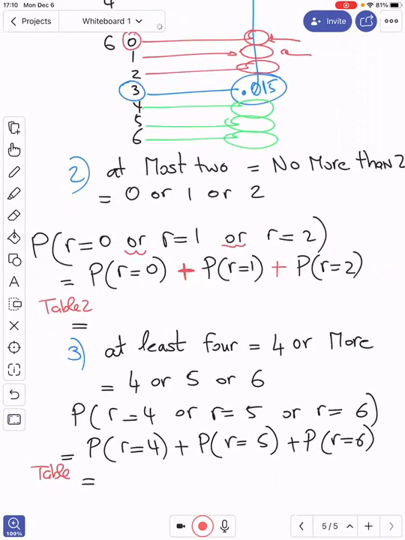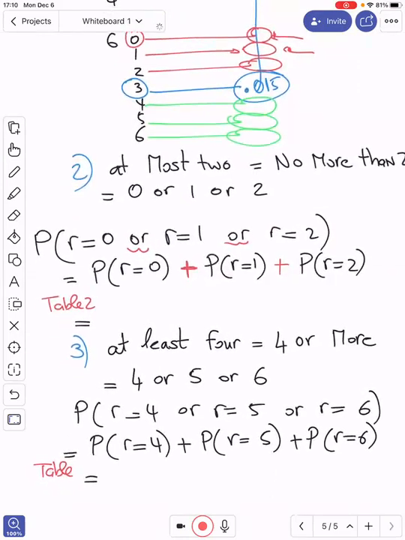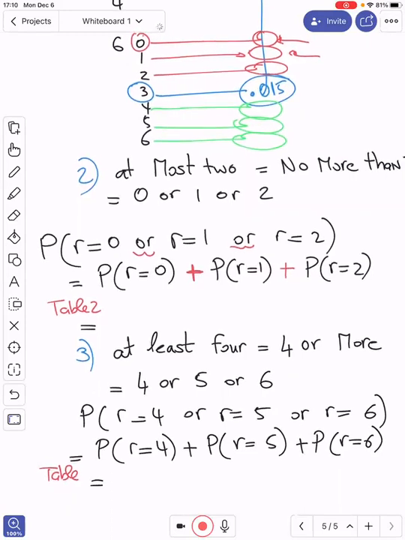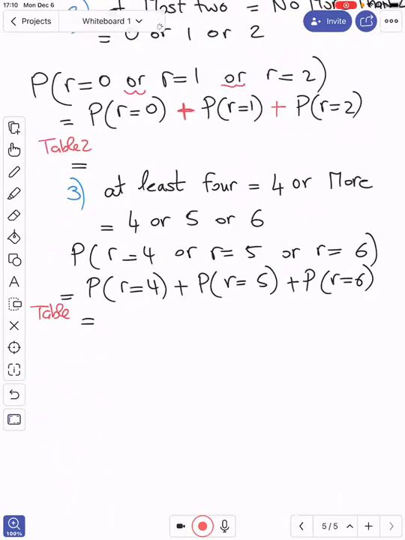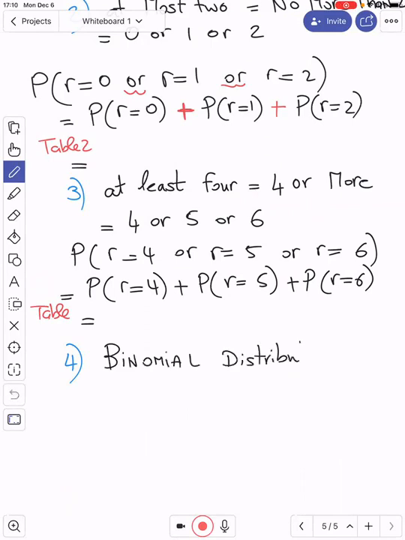Next, you need to find the probability distribution of this binomial experiment. So the binomial distribution means you need to find, so this is number 4. So the variable of the binomial distribution is not X, it's R, the number of successes.